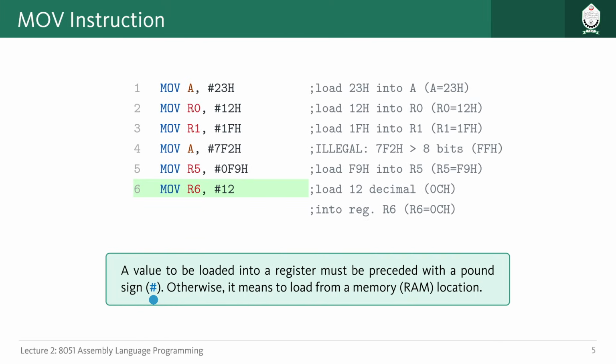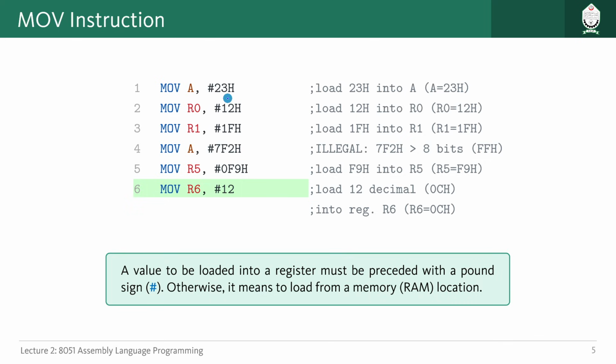So now, as I said, we will try to look at some rules. What are the things to follow for writing assembly language with the help of this particular type of instruction called mov, right? First of all, we already learned that we have to use that hashtag sign to make sure that we are trying to move a value.